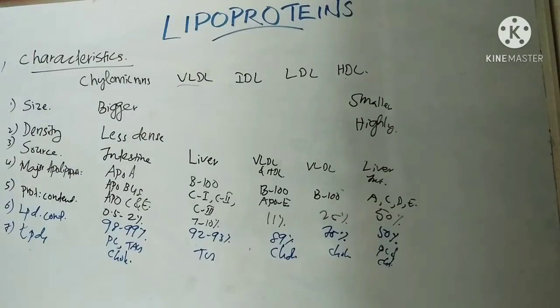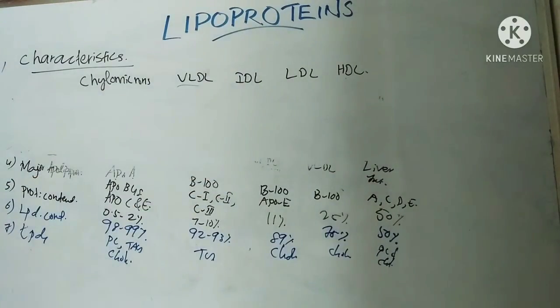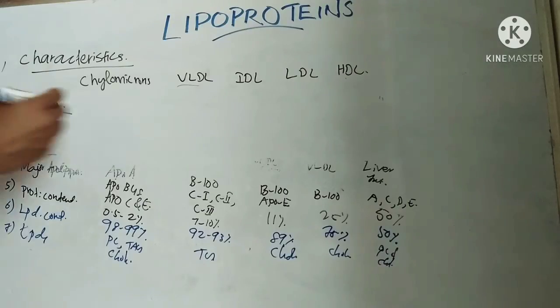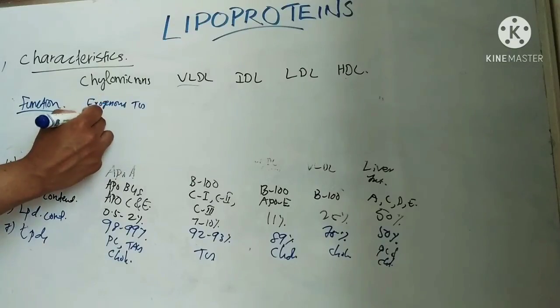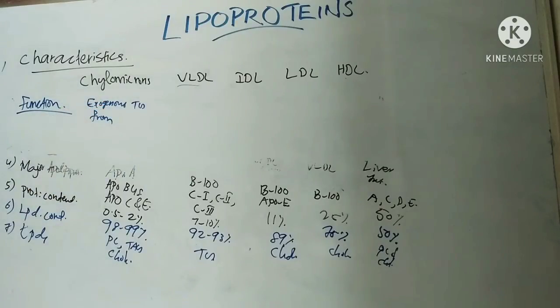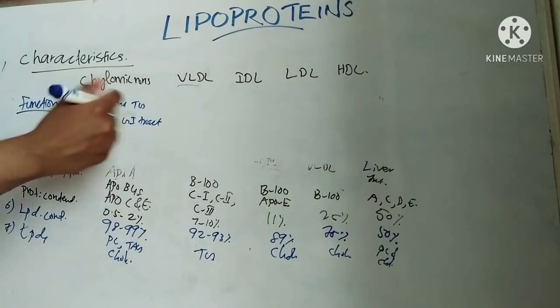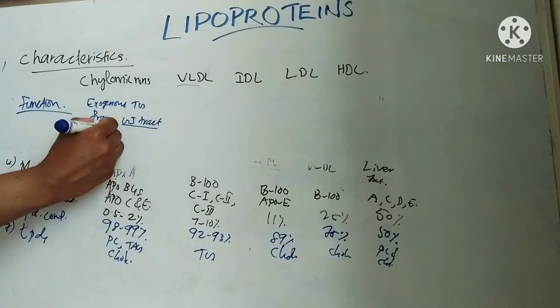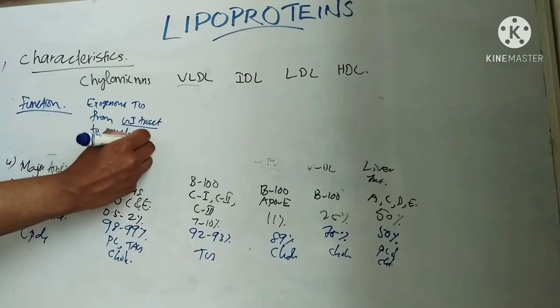Then coming to the function, chylomicrons transport exogenous triglyceride from the GI tract to muscle and adipose tissue, that is peripheral tissues.